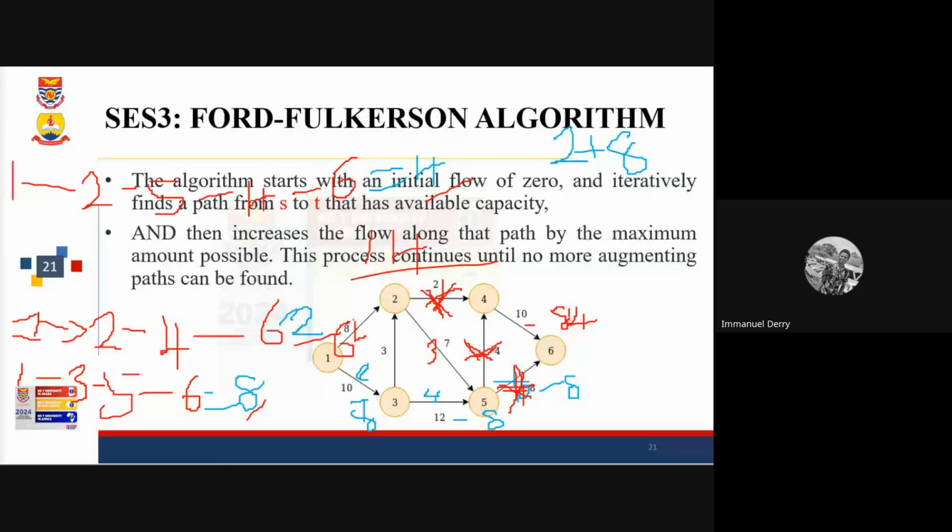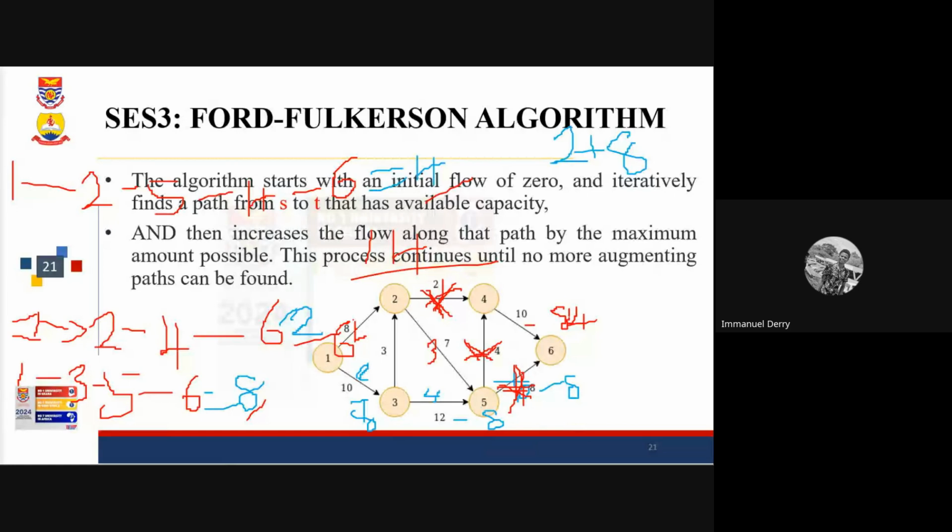Yeah, so ideally, that is what we're supposed to do. As soon as you identify the augmenting path, you have to update the capacities or the weights before you move on to find some other one. So when you identify the path, you note the least value, update the capacities on the path, and then you move on to the next. All right, thank you, sir.